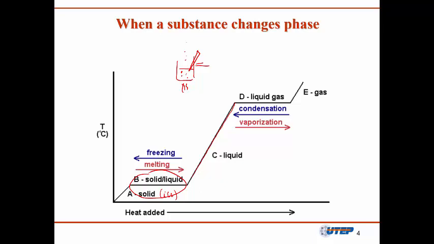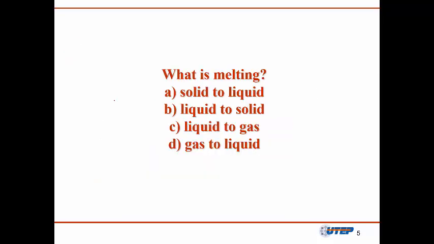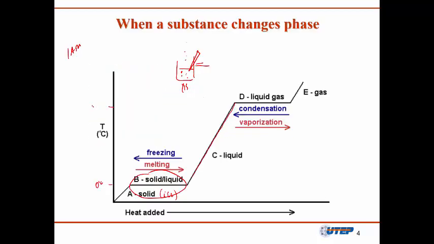But it doesn't matter if I keep adding heat, it won't go past 100 degrees Celsius. So here, at 1 atmosphere of pressure, this temperature is 0 and here would be 100. Once all the water is in the gas phase, all of the water has vaporized. But while you have this boiling water, you have a mixture of liquid and gas.